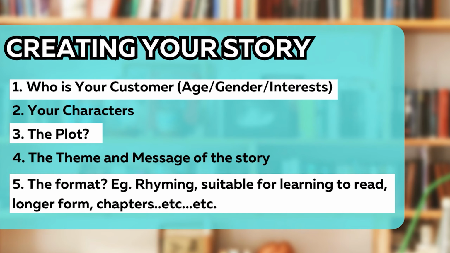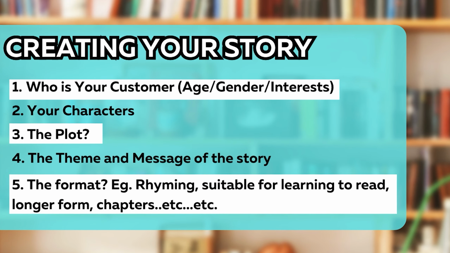So the first thing you need to consider is your customer. We're looking at the age, the gender, and the interests of your specific avatar, your customer that's going to be reading the book. Is it going to be a parent that is reading the book to the child? So the book might be for 1 or 2 year olds, or is the child old enough to read the book?